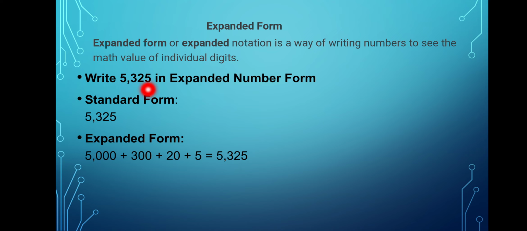Okay. Firstly, we write each digit with its place value, and then 5325 as the sum of the place values of its digits, that is 5000 plus 300 plus 20 plus 5, which is the same as 5325. Okay?